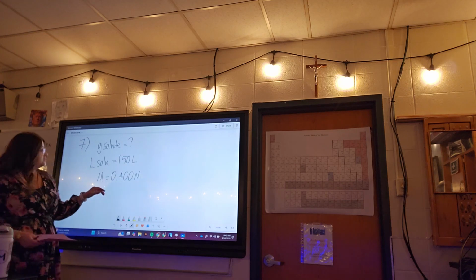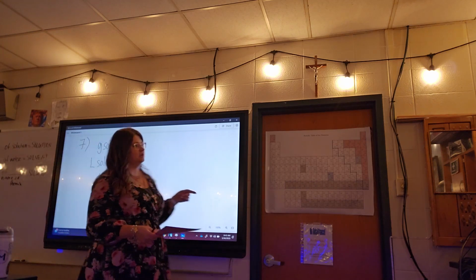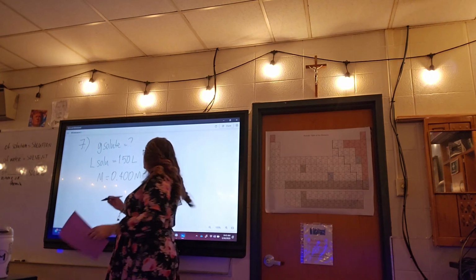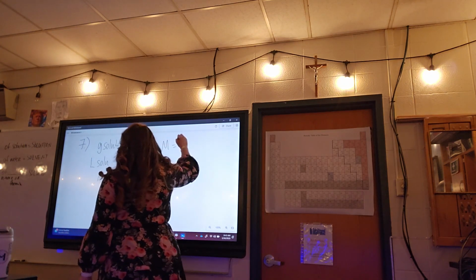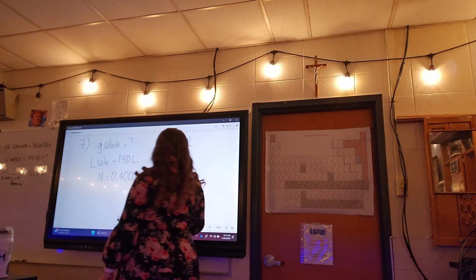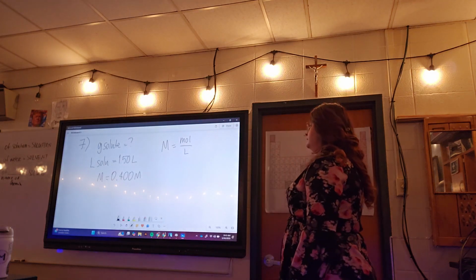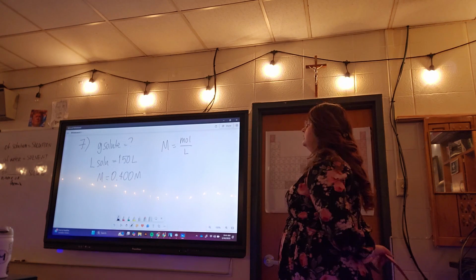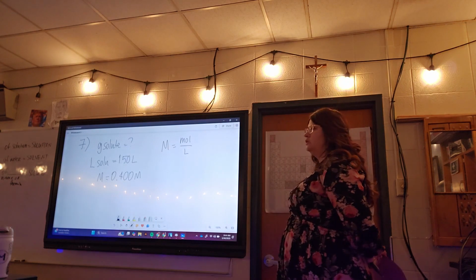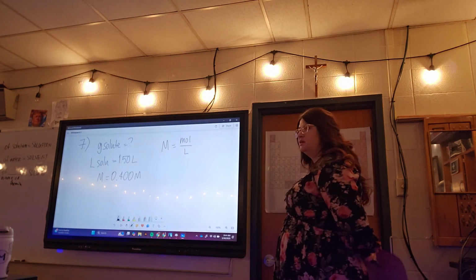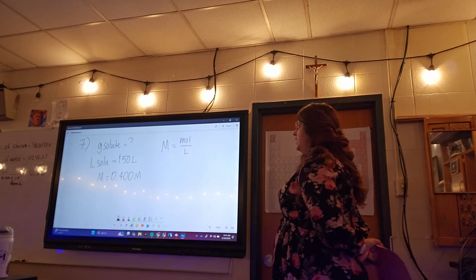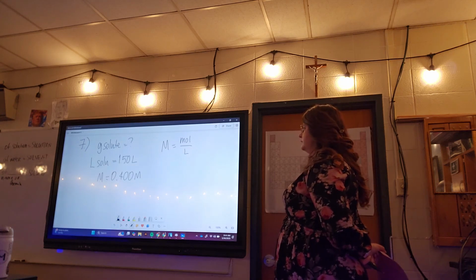But because we're given the concentration, we should know that molarity is something that we should look at. Okay, so how did I know to do this? Well, I'm given a capital M, so I'm going to have to use this formula at some point.